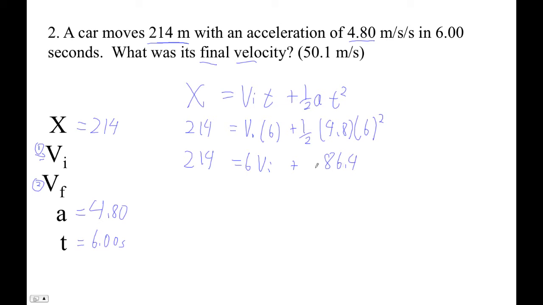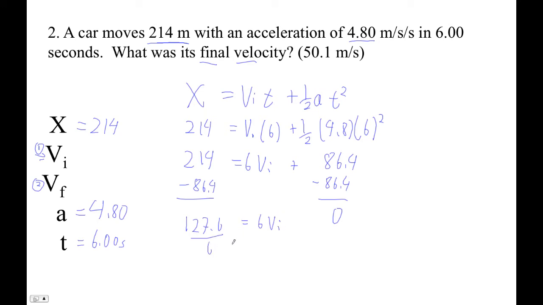Okay, and now what we're going to do is we're going to subtract 86.4 from both sides, right? Of course this is 0, right? But 214 minus that 86.4 is 127.6. Right, now that equals 6 VI.